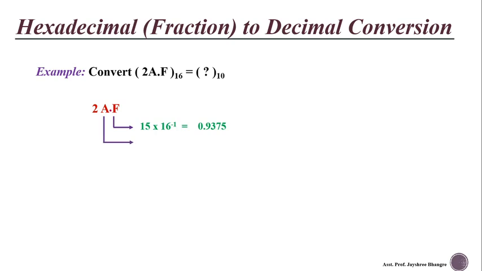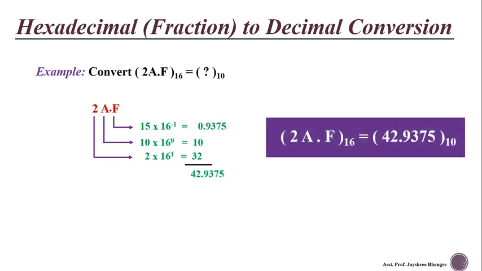And for the integer part, we get 10 into 16 raised to 0, that is 10. And for 2, the MSB digit, we get 2 into 16 raised to 1, that is 32. So after summing up, we get the final answer 42.9375. So 2A.F is equal to 42.9375 in the decimal number system.